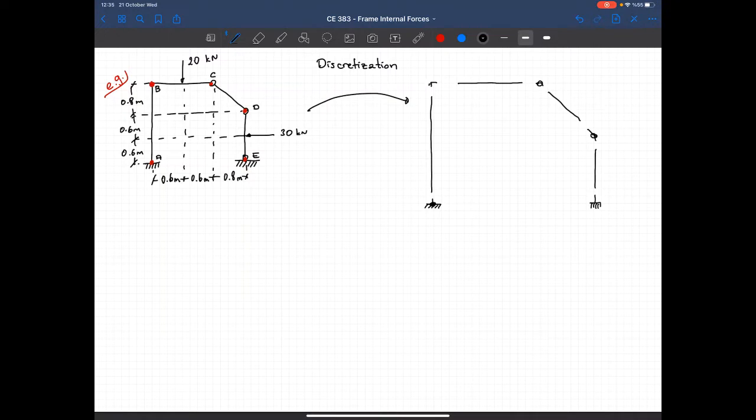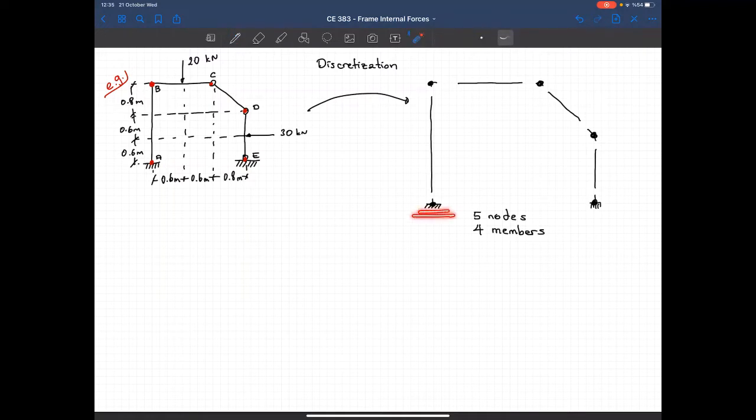So these are all nodes for me. At the end of the day, what I have in the structure is 1, 2, 3, 4, 5 nodes and 1, 2, 3, 4 members. Now let's assign the degrees of freedom.